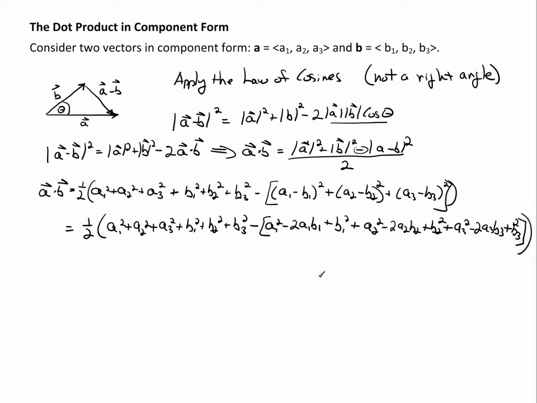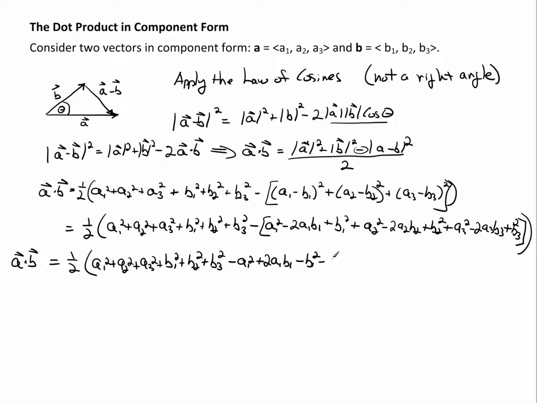So A dot B equals 1/2 times A1 squared plus A2 squared plus A3 squared plus B1 squared plus B2 squared plus B3 squared minus A1 squared plus 2 A1 B1 minus B1 squared, minus A2 squared plus 2 A2 B2 minus B2 squared, minus A3 squared plus 2 A3 B3 minus B3 squared.